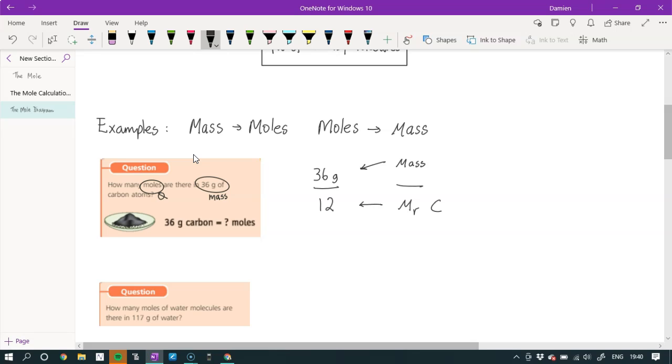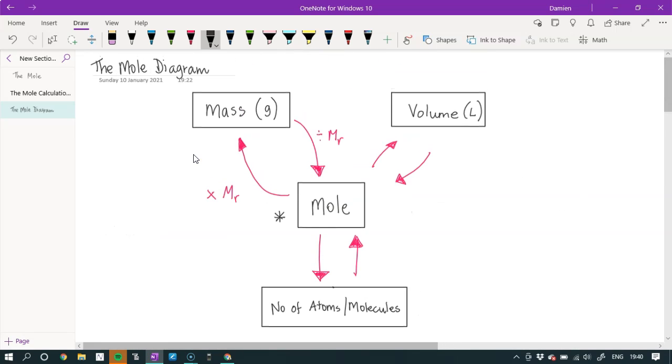If this was the molecular weight of sodium, you would be dividing by 23. So 36 divided by 12, which is easy enough, is 3. And it's 3 moles, because that's where you're going to end up. If you start up here at mass and you divide by the molecular mass, you end up here at moles. And that's how to use the diagram. The same thing applies when you're going the opposite direction.